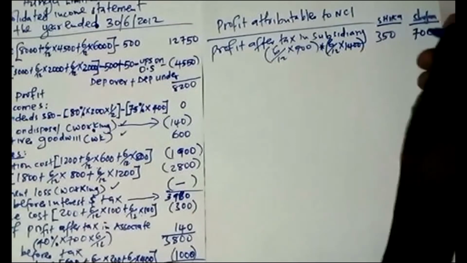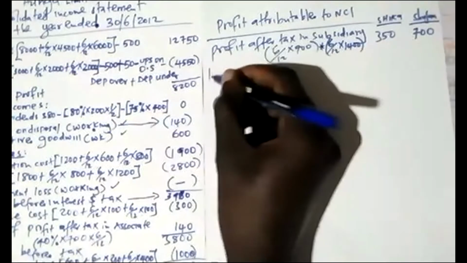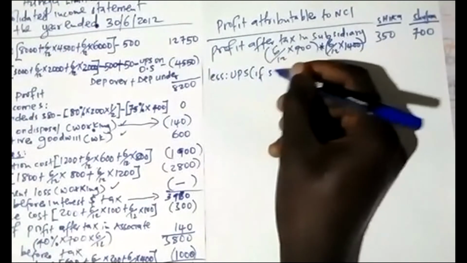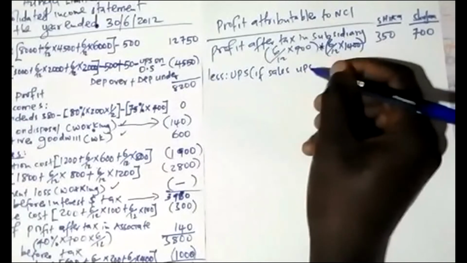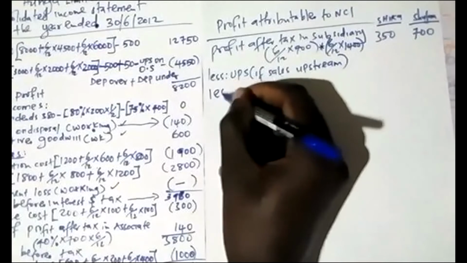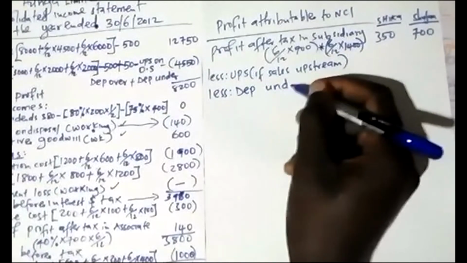This one is from the income statement. Profit after tax is direct in the statement. It's only that you apportion the time they were subsidiaries. To adjust this, you have to raise UPS, if sales are upstream. Then you have to raise depreciation undercharge.